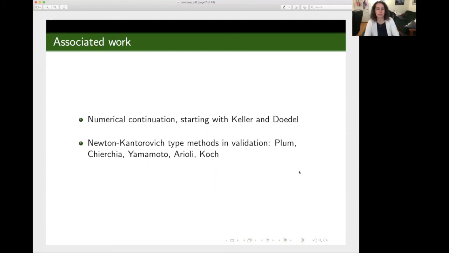In terms of our approach, let me just say that there are many approaches that have many of the same pieces to them, but our approach to making these kinds of theorems for validation is based on a Newton-Kantorovich method that relates most closely to the work of Plum, and Chiarchia and Yamamoto, Arioli, and Koch also have done some work in this general framework.